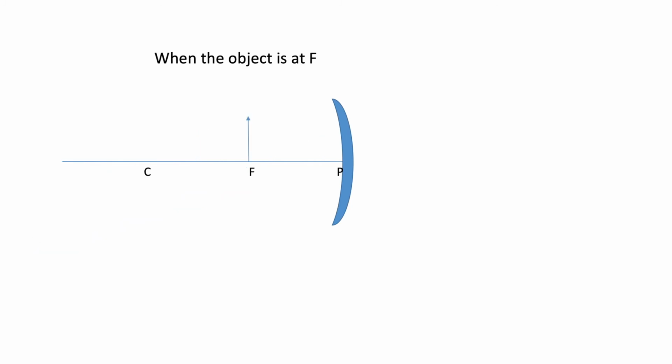Next is when the object is at focus. The first ray parallel to the principal axis reflects through the focus. Next ray I am choosing as oblique. Okay, here you can see the rays are not meeting.